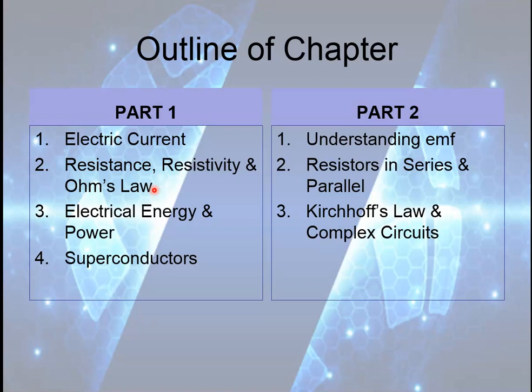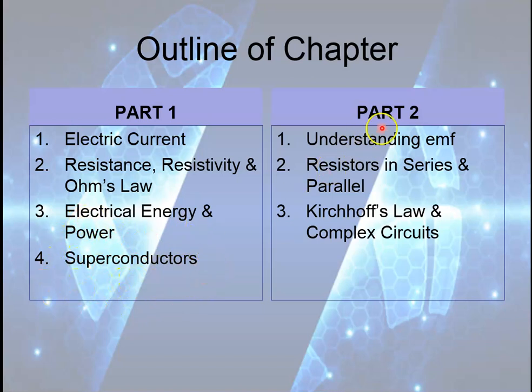Now in this chapter we will focus on resistor and resistance, also resistivity, and the relation of resistance to Ohm's law. And then we will see electric energy and power. And last but not least, in this part, we will gain a little understanding of superconductors.